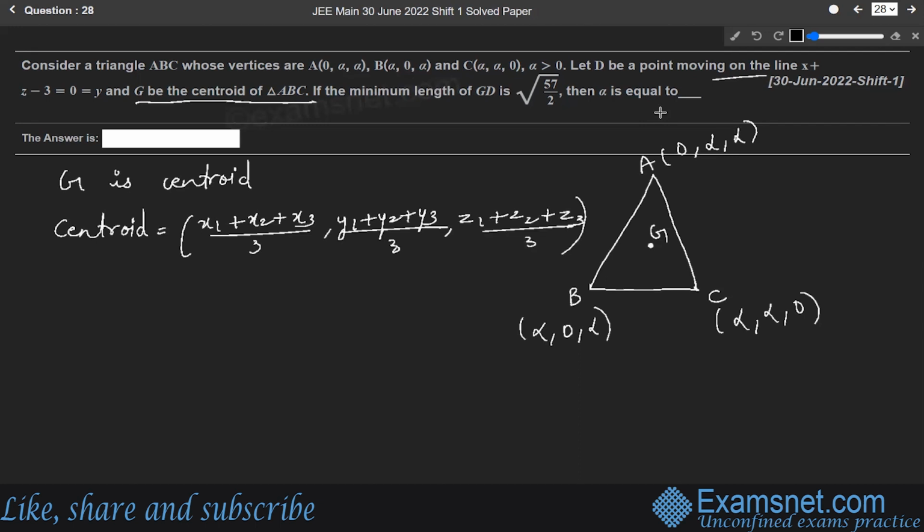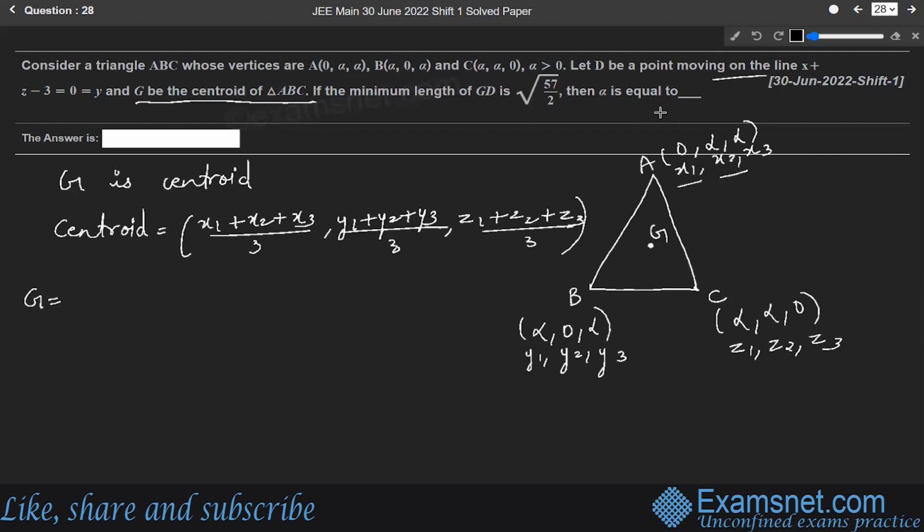We have the coordinates of A, B and C. So this is x1, x2 and x3. This is y1, y2 and y3. And this is z1, z2 and z3. So now let us put the values here. What is the centroid? G. So G is equal to x1 plus x2 plus x3.